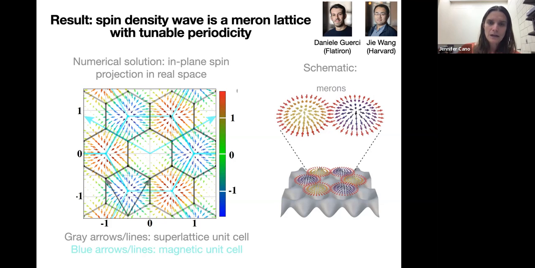So we've drawn it here. Let me say a little bit about what it means. So all these different arrows are showing this mean field magnetic order, and the length of the arrow is showing the magnitude of the XY component of spin, and the color is showing its Z component. So if we look, for example, in this hexagon, we see at the center, the spin is, this red color is meaning that the spin is pointing, say, out of the page.